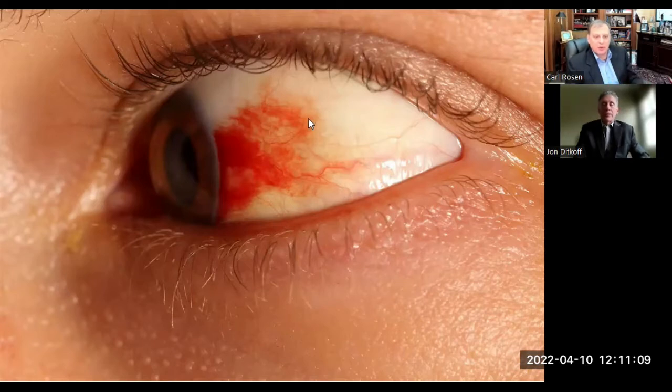In young people, it's usually trauma related or contact lens related. In older people, it can be related to trauma as well, or high blood pressure, sometimes vomiting or coughing, and very importantly, anticoagulant therapy like aspirin or Eliquis or Plavix, or those types of anti-bleeding medications that you would take for heart conditions.